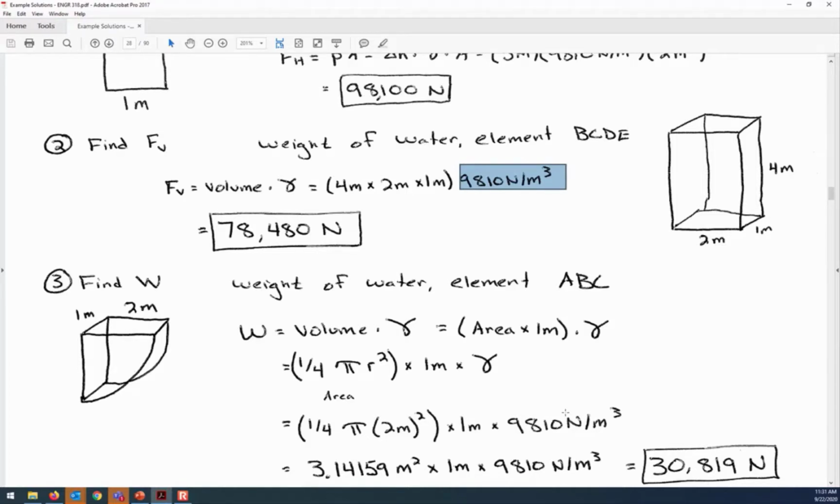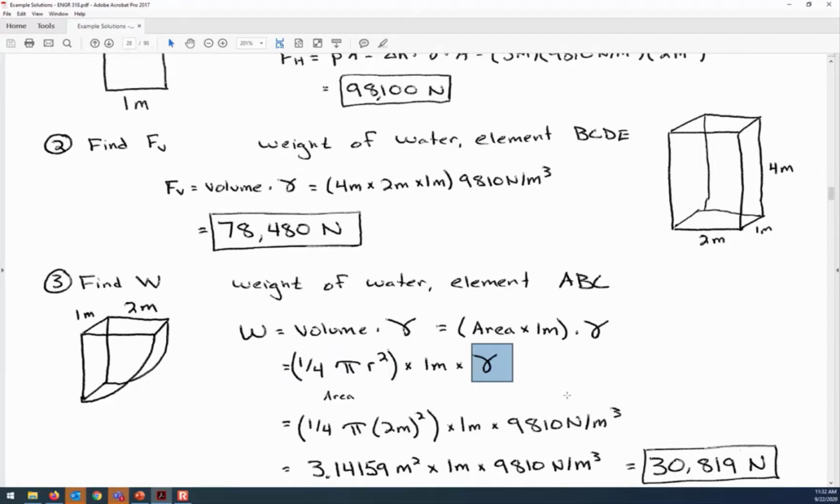And so that shape is a quarter circle multiplied by whatever depth into the page we have. So the area of a circle is pi r squared, and the area of a quarter circle is 1/4 pi r squared. So 1/4 pi r squared times 1. So this gives us the volume, and then multiplying it by gamma turns the volume into a force.